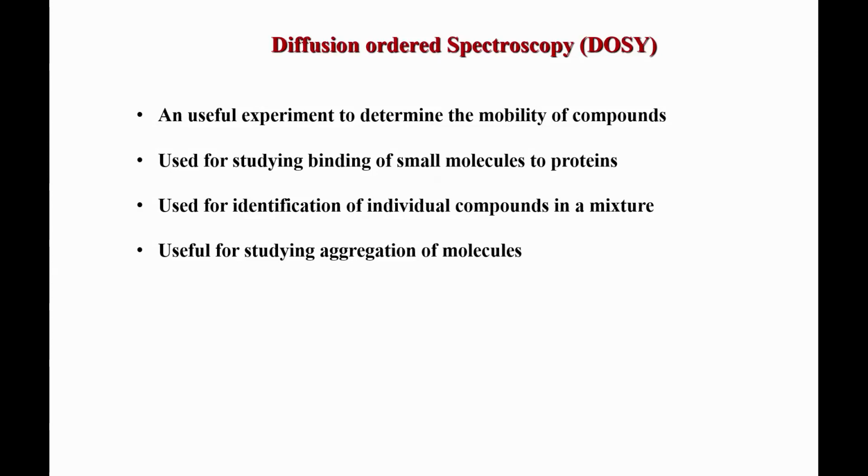One can use DOSY to track how the aggregation is going on, because as the aggregation proceeds, the molecular size will increase, the diffusion will slow down, and if the diffusion slows down, it can be captured by this experiment. These are the main reasons why DOSY is very popularly used in NMR.